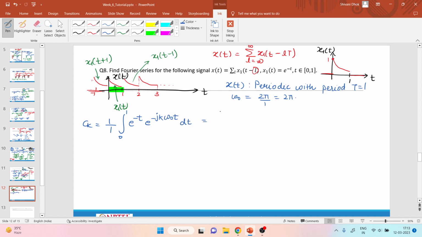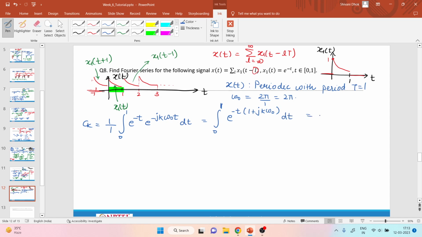So this is equal to 1 upon, integral from 0 to 1, e^(-t), I can take it out common, (1 + jkω₀) dt.